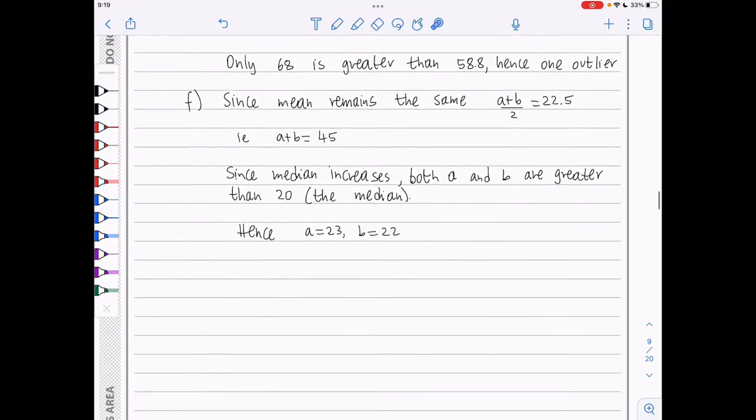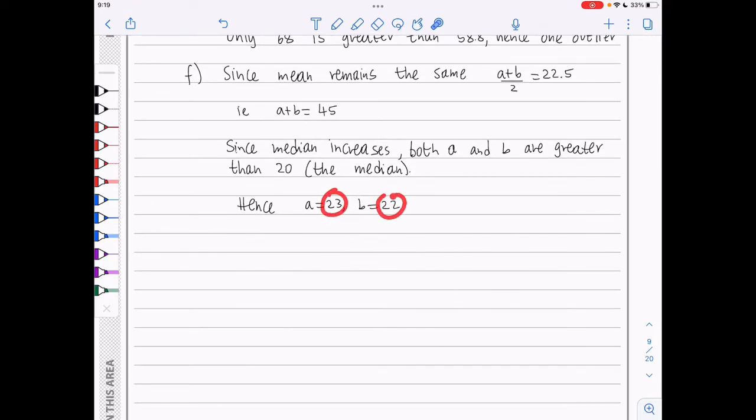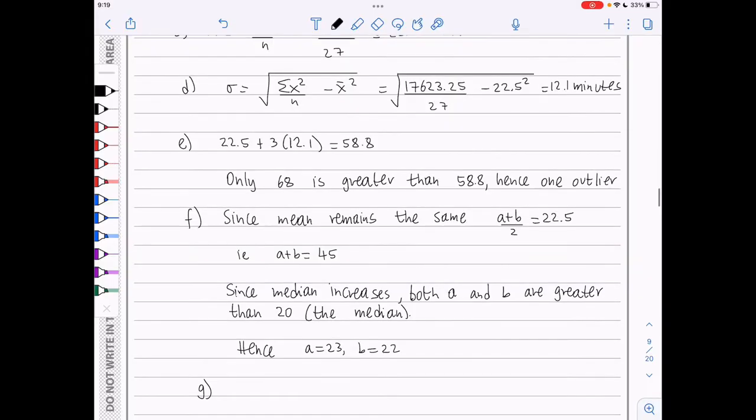Now, we suggested 23 and 22, and we know that the mean is 22.5. We have found the standard deviation to be 12.1, which means that the points were on average 12.1 units away from the mean. And we've got two new values, 23 and 22, that are really close to the mean.